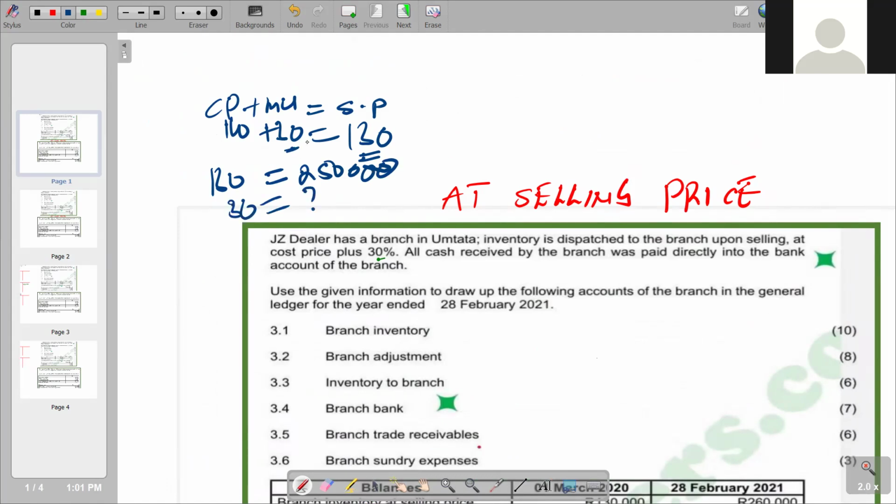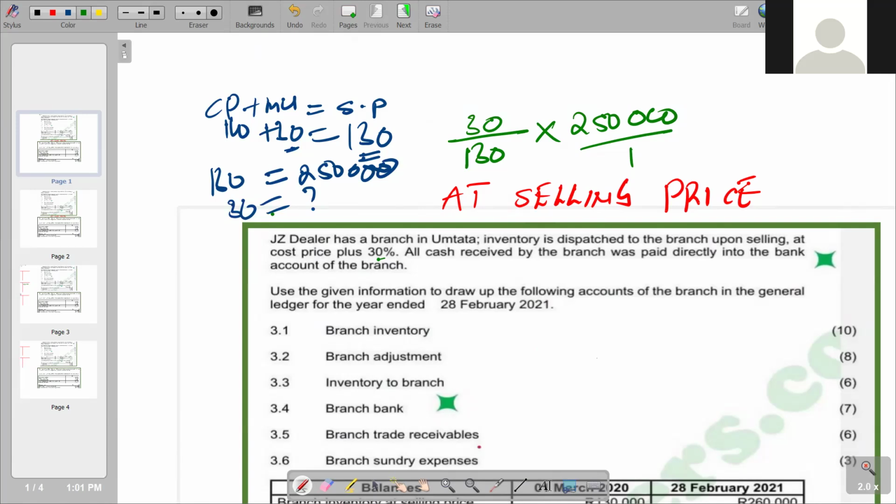So 30% is the question mark. So simply we make a proportionate calculation, whereby what we don't have, 30, becomes the numerator, what we have, 130, becomes the denominator, and then we multiply by the given figure, which is 250,000. So we calculate it like that.